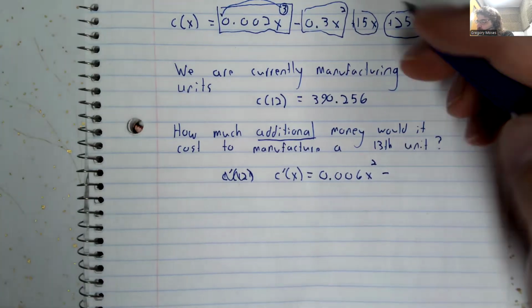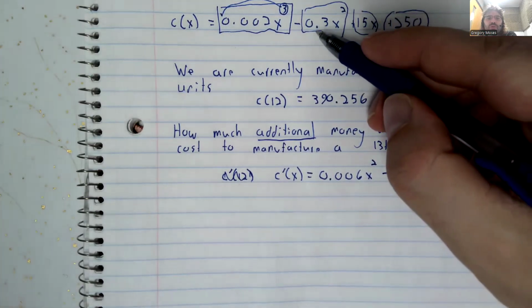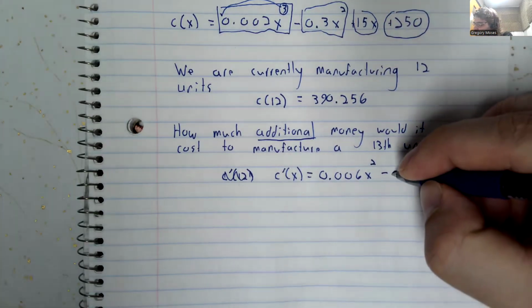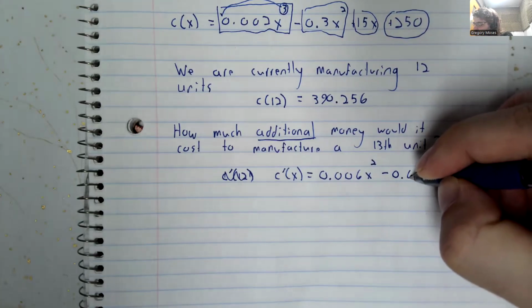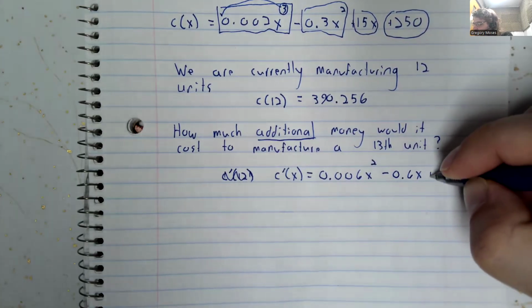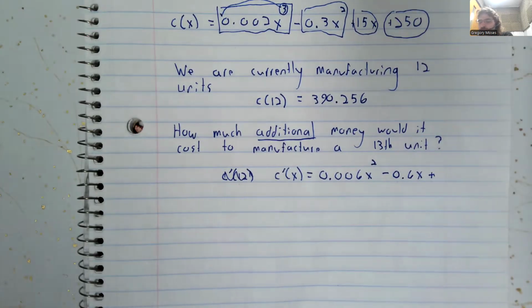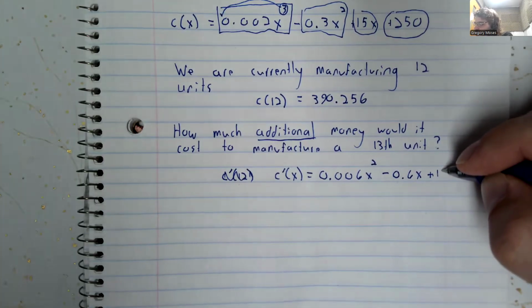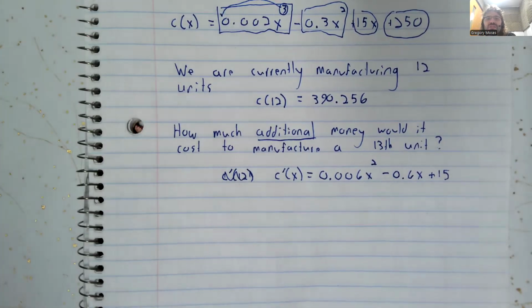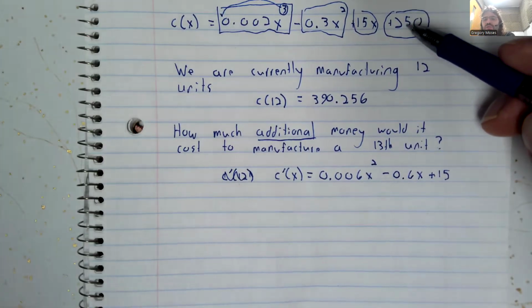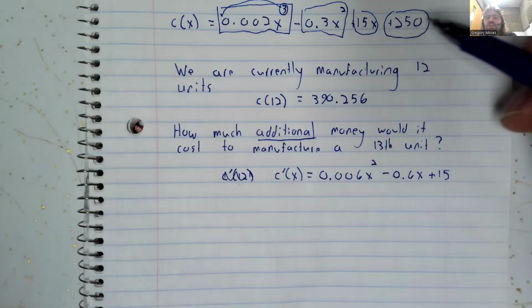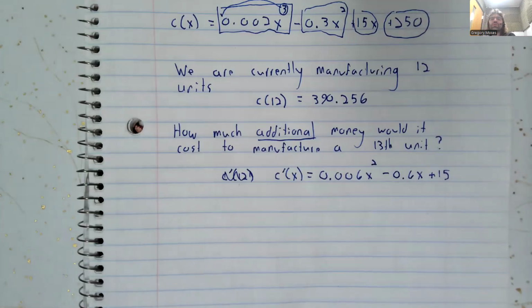Minus, the 2 comes down, it gets multiplied by 0.3, giving minus 0.6x. The derivative of a constant times x is the constant, so the derivative of 15x is 15. The derivative of a constant is 0, so the derivative of 250 is 0.